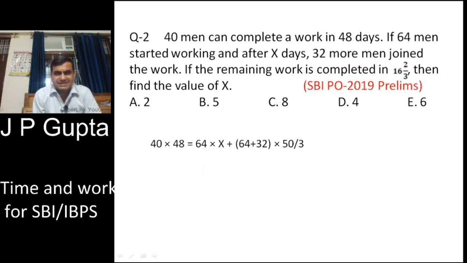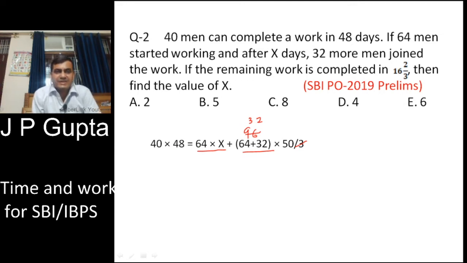As we can see, this 96 can be cancelled by 3, so it will be 32. Now we can also observe some common factors in the left side and right side. Remember one thing, in the right side we have two parts, so common means it has to be in the first part as well as in the second part. So 48 is divisible by 16, 64 is also divisible by 16, and 32 is also divisible by 16.